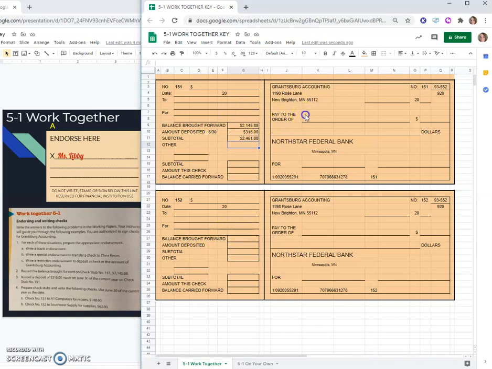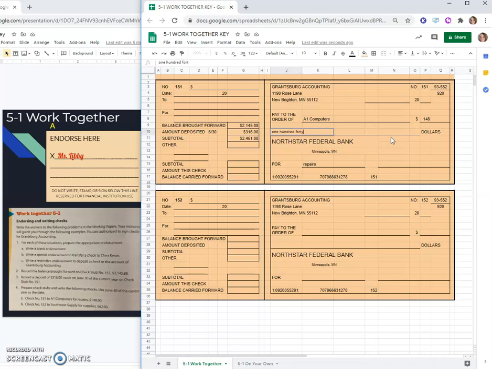So this first check we would write out, remember this would generally be handwritten, or a computer might do this for us. A1 Computers, and it's for repairs. So we'll put that down in the for section. And it is $148, which then we would type that out down here.